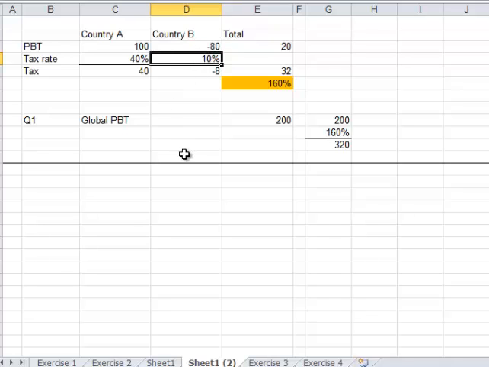But country B will have a taxable loss of, let's say, negative 200. Sorry, that's a large perm deduction. Oh man, now you're making it hard.